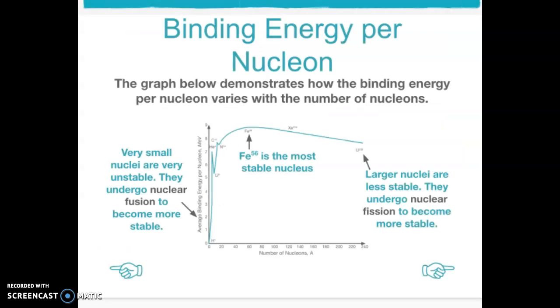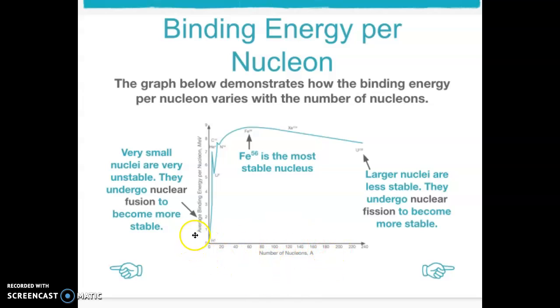Now, this is a binding energy per nucleon graph. This is a graph that you can construct using the entire periodic table by plotting the number of nucleons for each element on the x-axis. So that would be the mass number, right? The number of protons and neutrons.